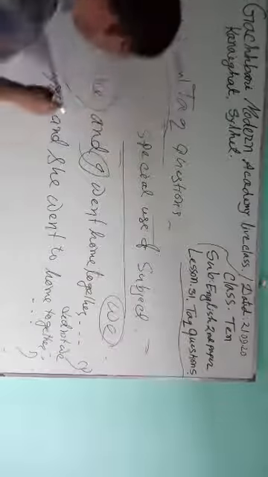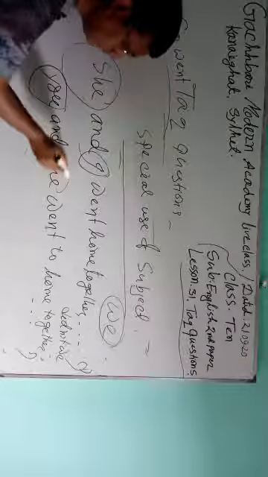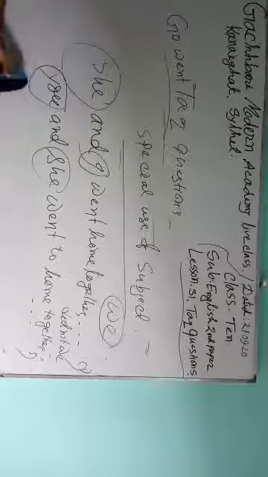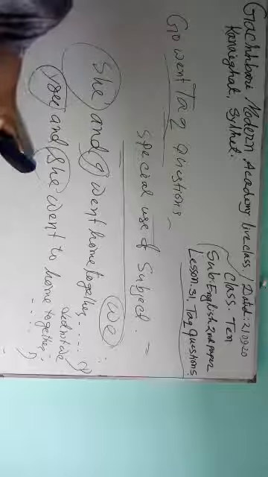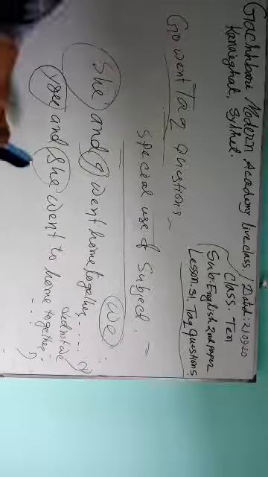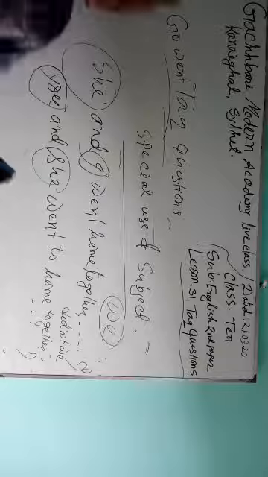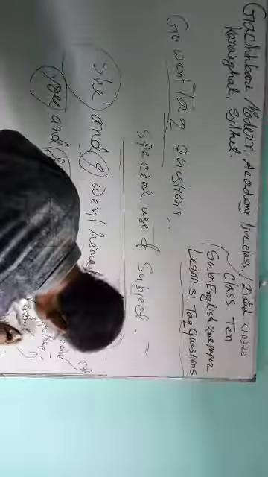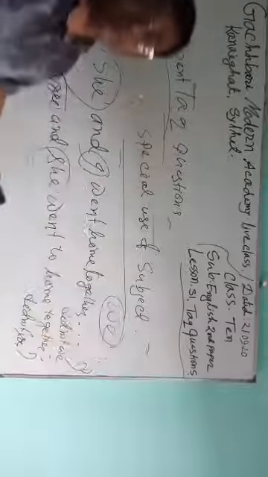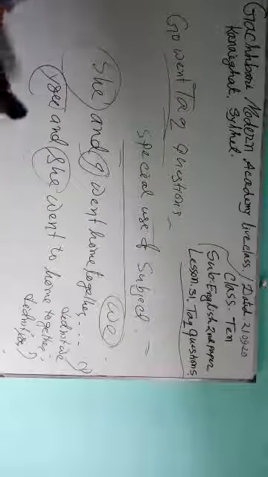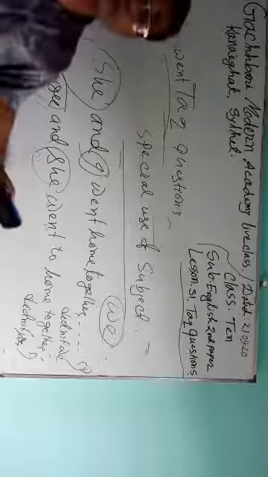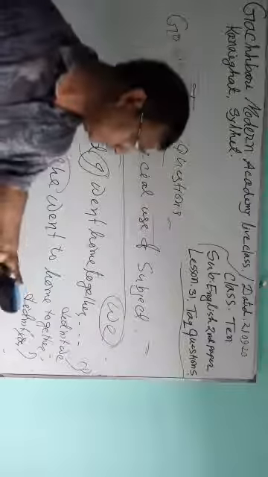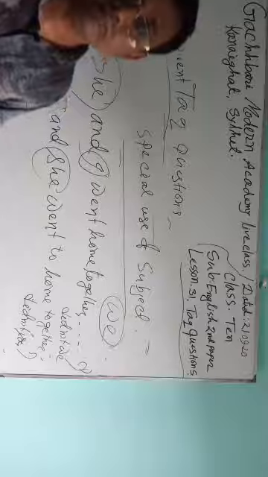Dear friends, you and she, that is second person and third person, that means two and three. So you can use you. Didn't you. My dear student, is it clear to you? 2 and 3, you use you.